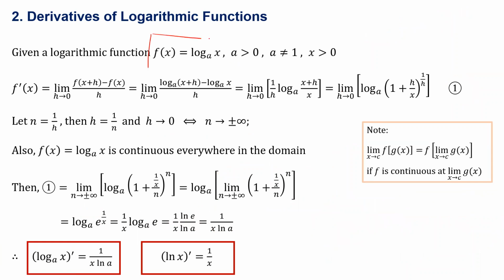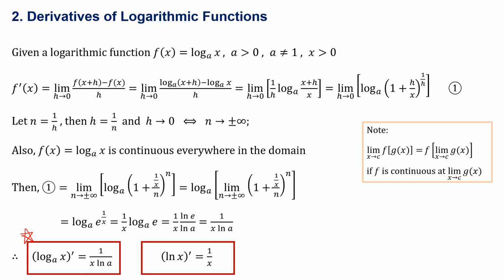If we have a function f(x) equals log base a of x, then the derivative of that function should equal 1 over x times log base e of a. Understand? So from now on, you can use this formula to find the derivative of a logarithmic function.